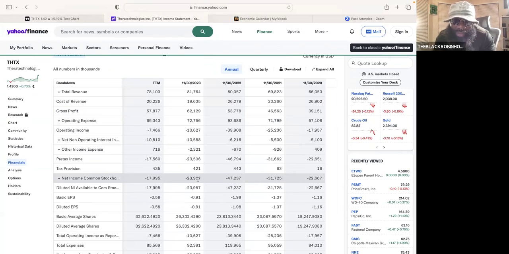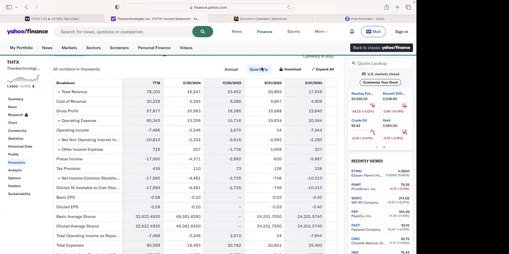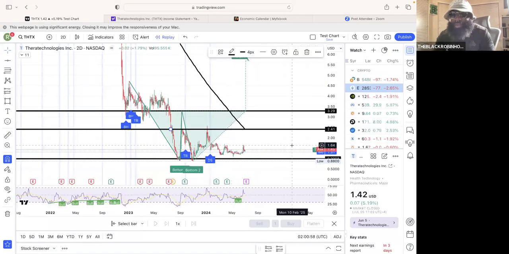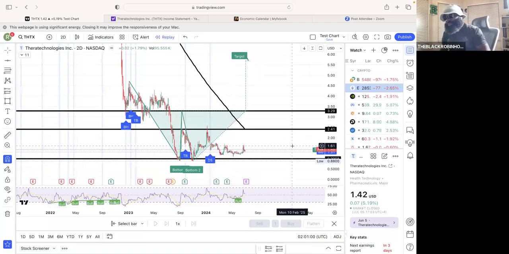Then 2023, they lost 23 million. So they're not profitable, on a decline. But it looks like they're trying to catch up. Quarter wise, May 17 million, 20 million in August, 23 million in November, February 16 million. Yeah, it's a gamble.